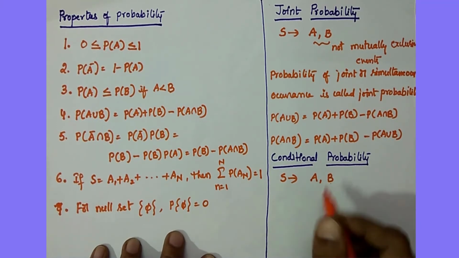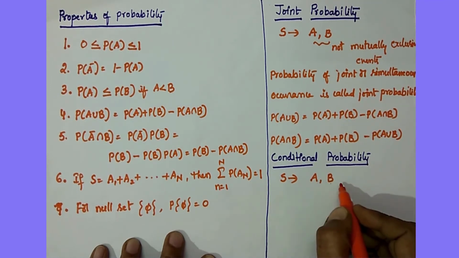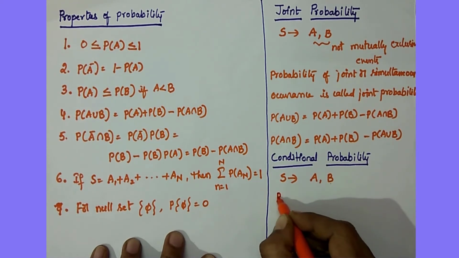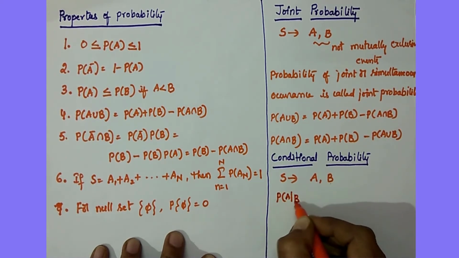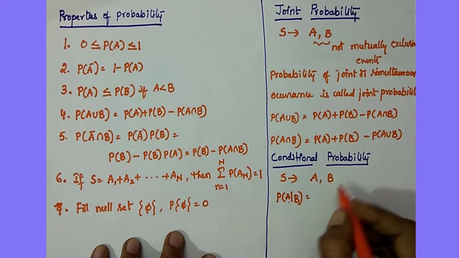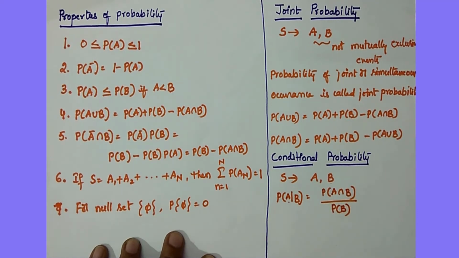Suppose the probability of A given the event B is given by P of A by B. It is represented by P of A intersection B divided by P of B. So this is the conditional probability.